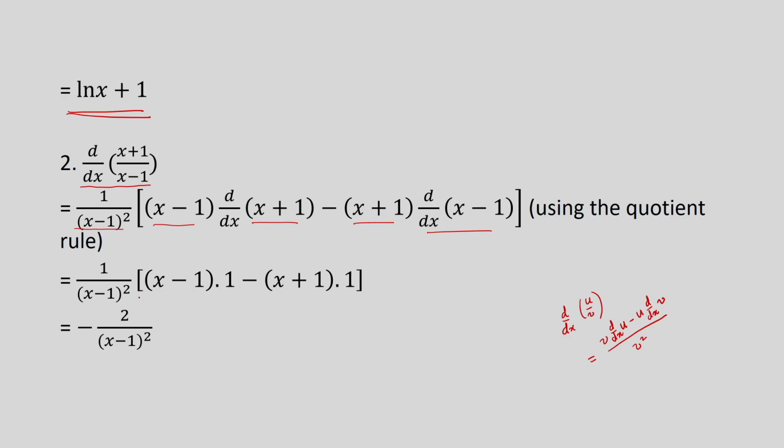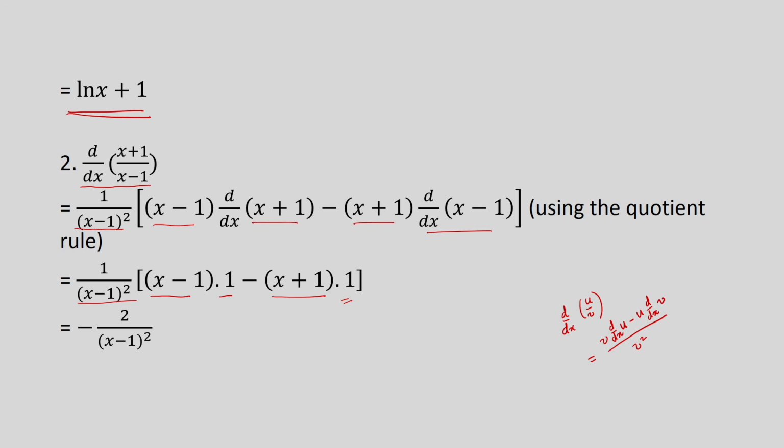In the next stage it will become 1 divided by x minus 1 whole square multiplied by x minus 1 multiplied by d dx of x plus 1. Again, d dx of x is 1 and d dx of 1 is equal to 0, so it becomes just 1, minus x plus 1 and d dx of x minus 1. Again, d dx of x is 1 and minus 0, so it becomes 1.